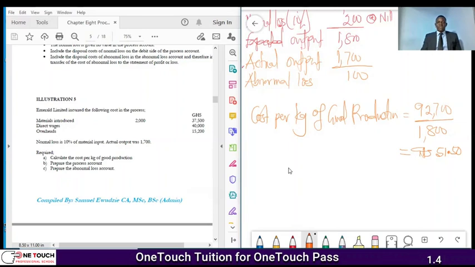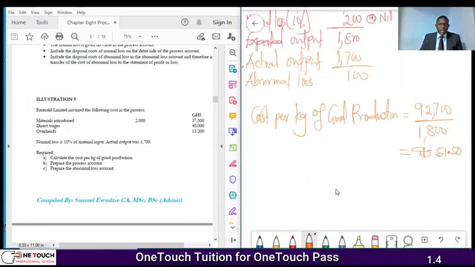From our theory, we mentioned that abnormal losses or gains will be valued at the same unit as the expected output. However, if at a later date the abnormal losses or gains can be sold, then the amount realized from the sale will be used to reduce those balances in their respective accounts.